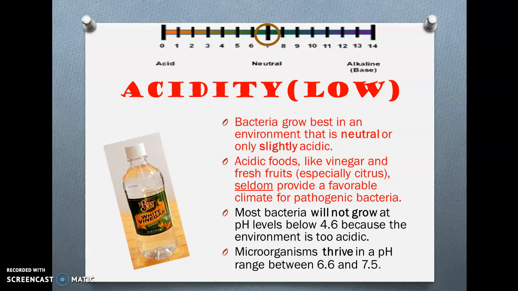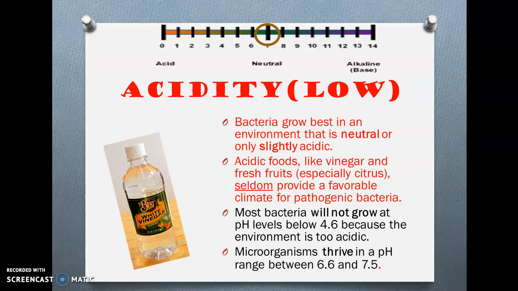Acidic foods such as vinegar and your fresh fruits, so that's your oranges, your tangerines, your grapefruits, your lemons, your limes, are not the most favorable places for pathogenic bacteria to grow. Bacteria very seldom grows in these places because bacteria doesn't like an environment that is too acidic.